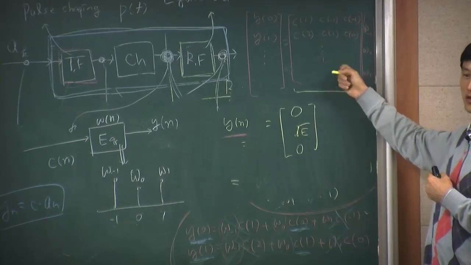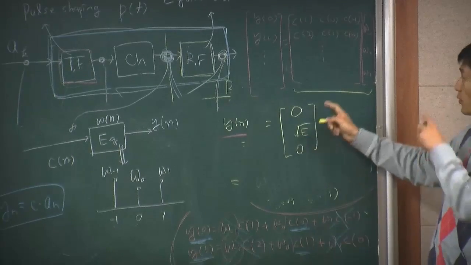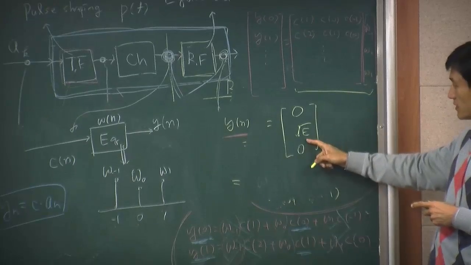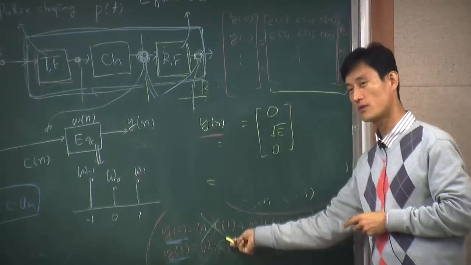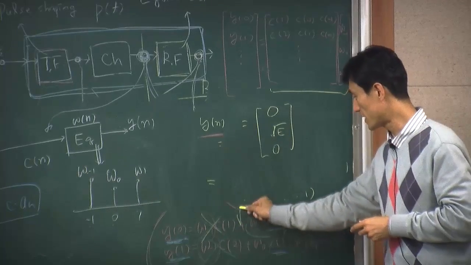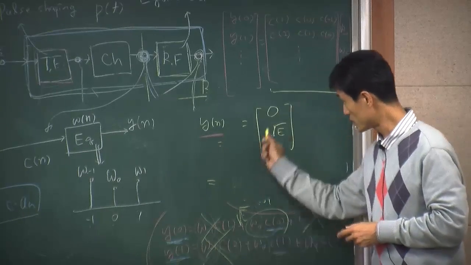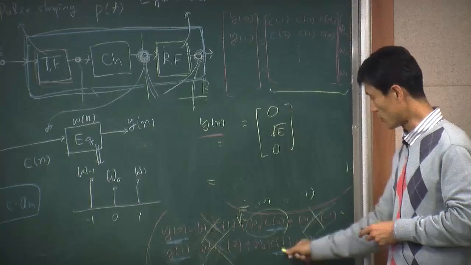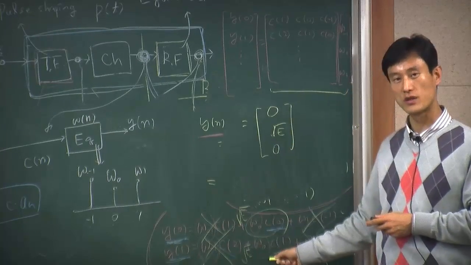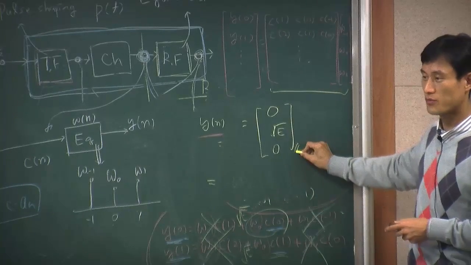When you multiply these two matrices, we want to get this output. That means this term will be 0, this term will be 0, and you only have this term multiplied by some energy. Same thing for the next one. You remove this one because it's a 0, this one 0, and only the middle one you want to multiply by this energy. That's only what you want.